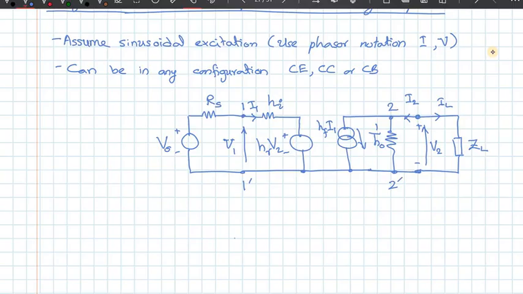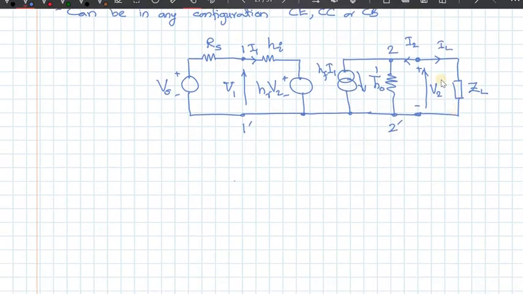Those are the 4 things we are going to look at. How are we going to find them? Let me mark the input impedance looking into this, and the output impedance looking from here: these are the terminals I am interested in, Zin and Zout.